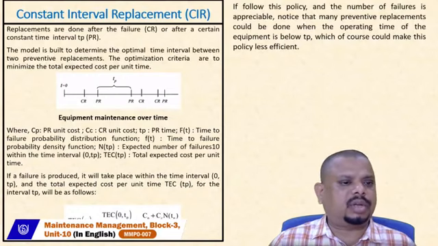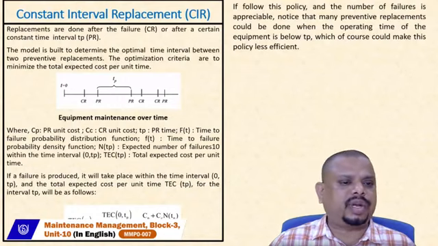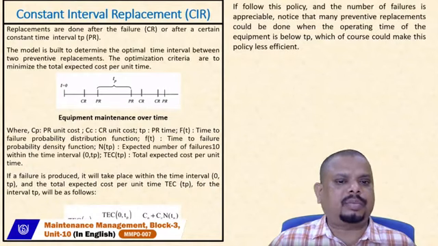This model is developed to determine the optimal time interval between two preventive replacements, and the optimization criterion is to minimize the total expected cost per unit time.